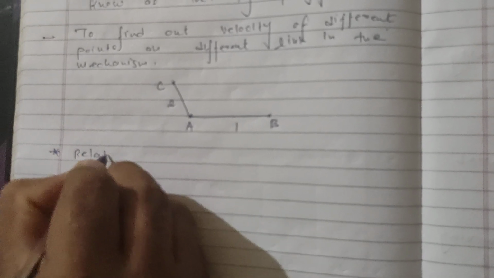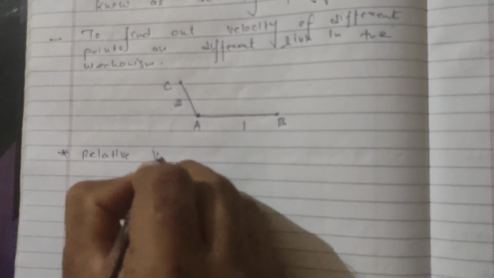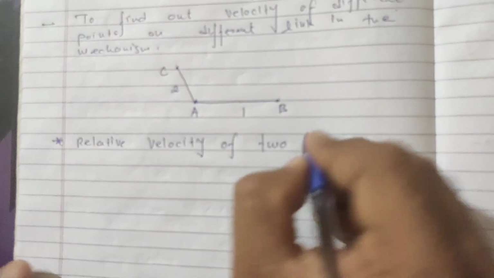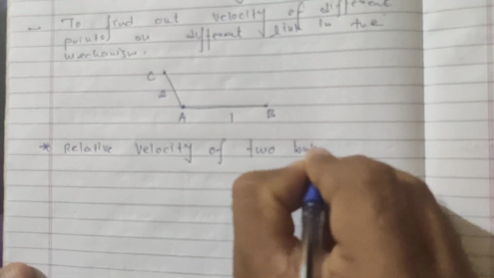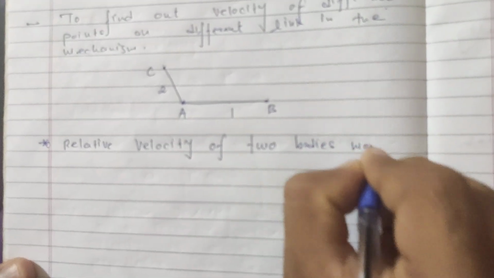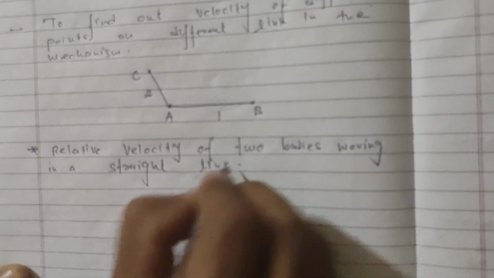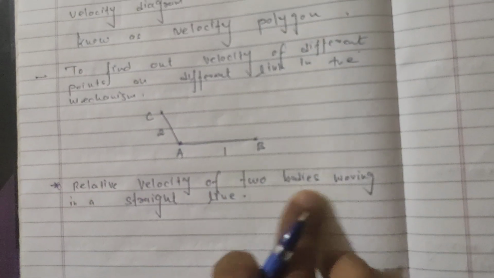Relative velocity of two bodies moving in a straight line. Okay, so here as per the data, there are two bodies.